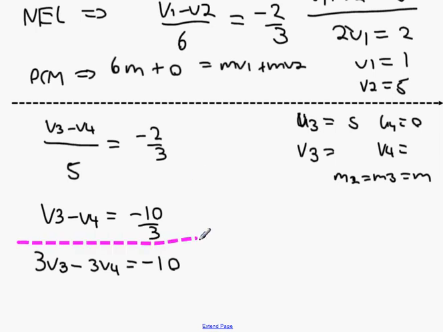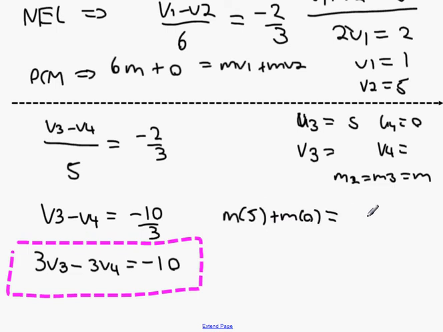So just put that in a box, and then PCM is going to be M times U1, so it's going to be M times 5 plus M times 0, doesn't exist. M times V3, M times V4, all the M's cancel. V3 plus V4 equals 5.